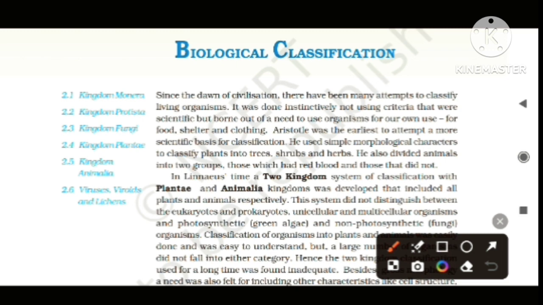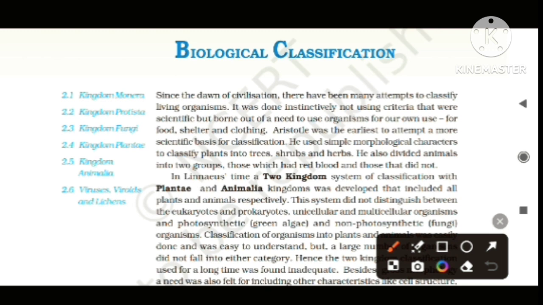But Aristotle was the earliest to attempt a more scientific basis for classification. He used simple morphological characters to classify plants into trees, shrubs, and herbs. Morphology means how the organisms look to our eyes, the outer structure.